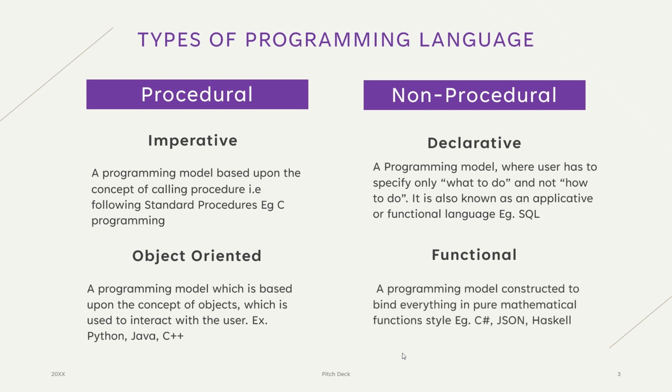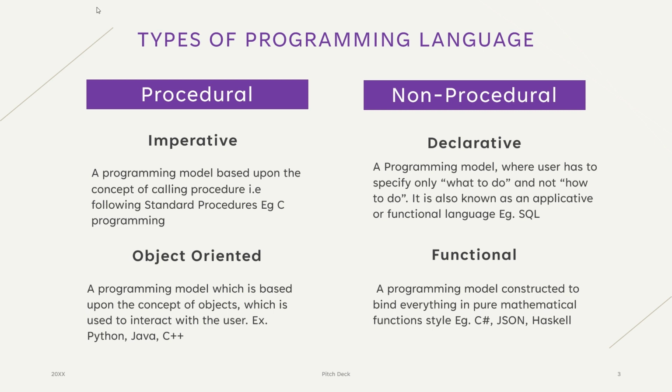SQL is functional, although it is a subset of declarative. Let me explain this in detail here as well. Okay. So in the functional model, the programming model is constructed to bind everything in a pure mathematical style. Say if I say something like arithmetical operations, it will be completely bound with the arithmetical operations only. So the major examples of functional languages are C sharp, JSON and Haskell.